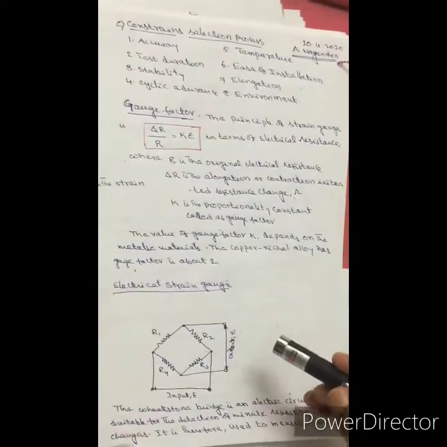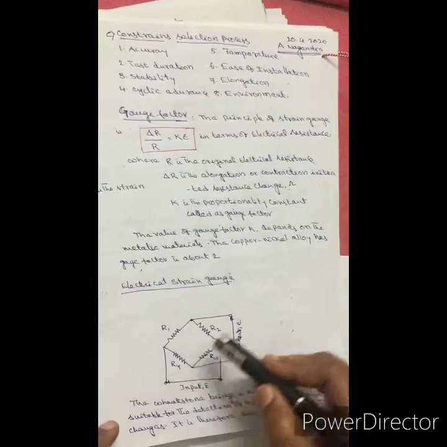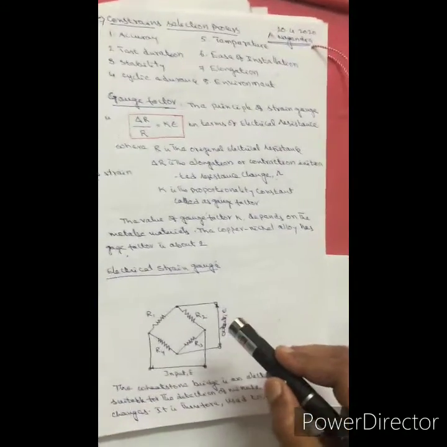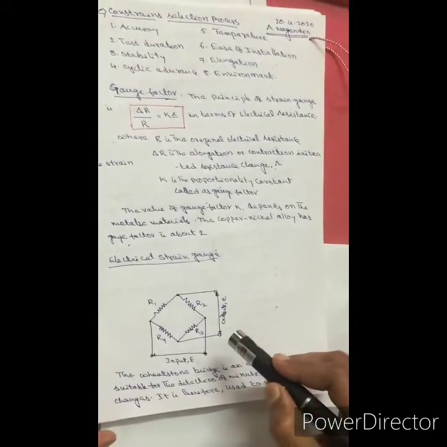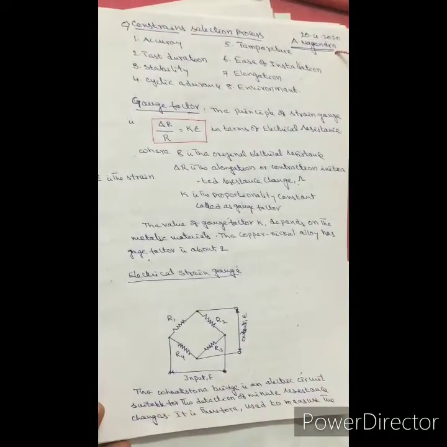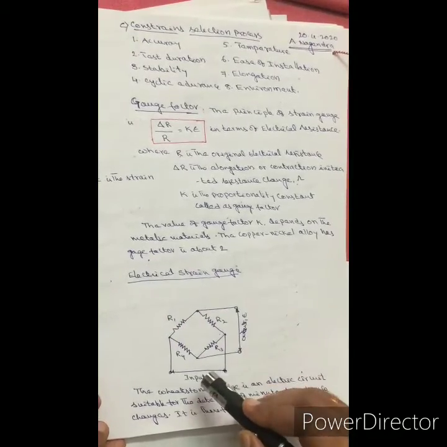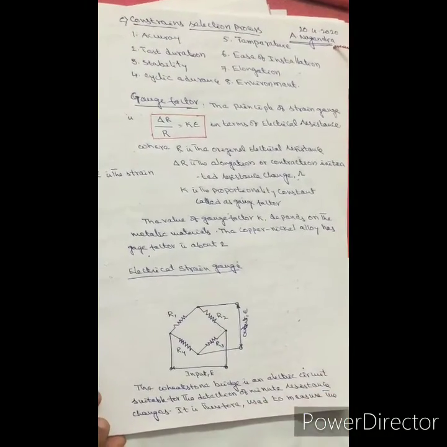Now we will see the electrical strain gauge, which we already saw earlier. Here there are 4 rheostats: R1, R2, R3, R4.